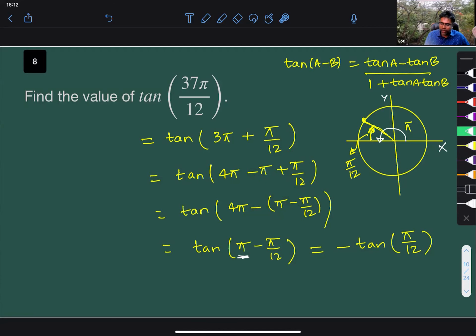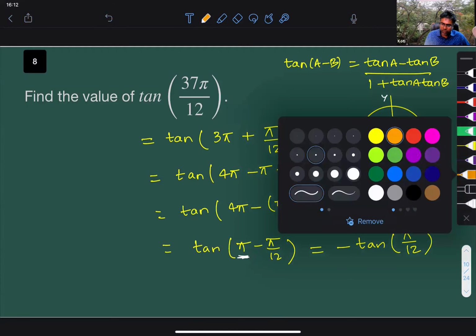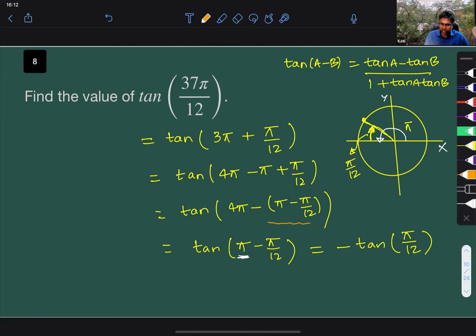Now for a moment, I want you to think like this. Whatever angle you have here, let's pretend that this is some angle theta. Now, when you go 4 pi, what is happening?